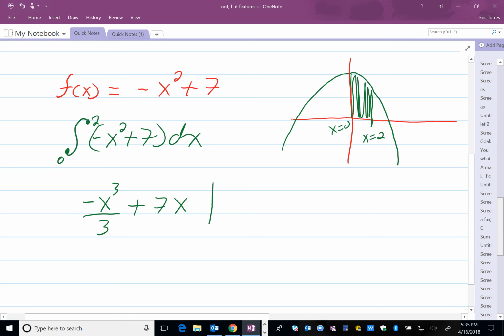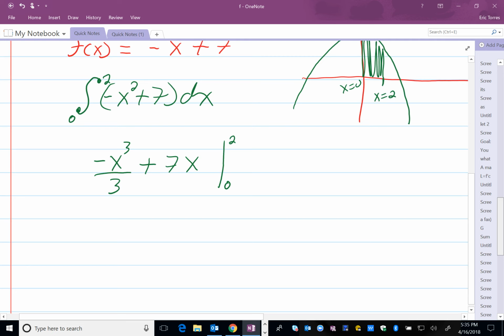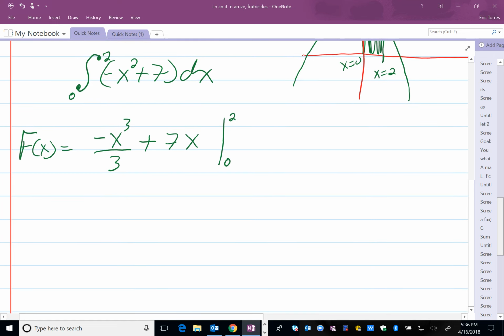And notice the symbol I'm using here. This allows us to do it in a two-step process. So step 1, take the antiderivative. Technically what you're looking at inside of here is big F of x. You'll notice there's no constant, and we'll talk about that a little bit later. But you don't have to worry about the constant right now, and I'll explain why in a second.